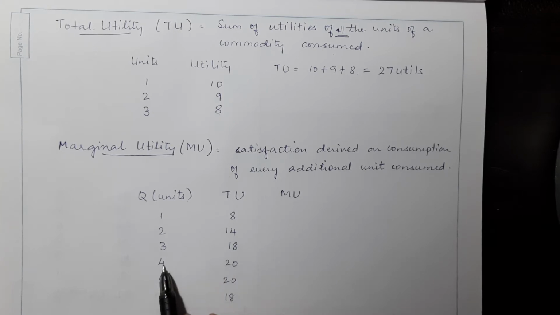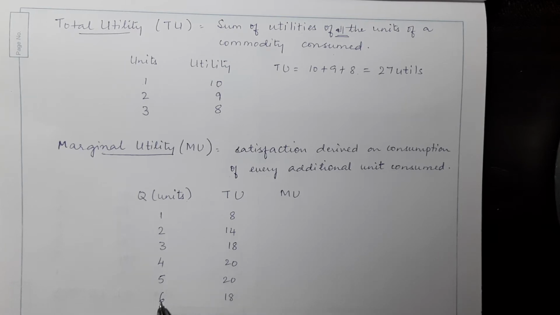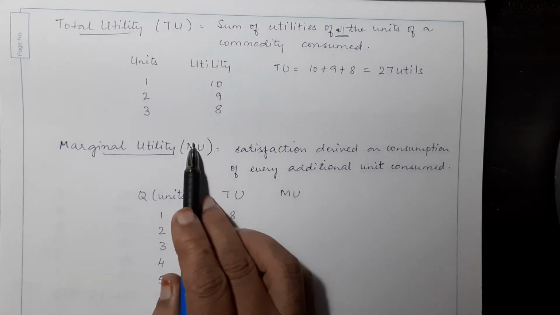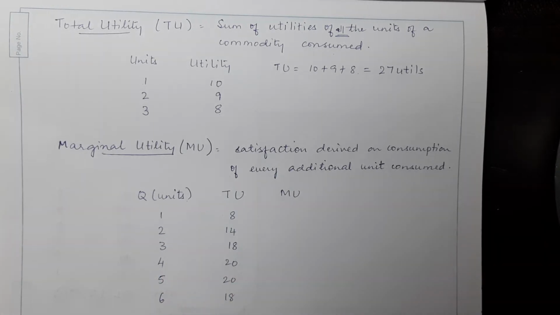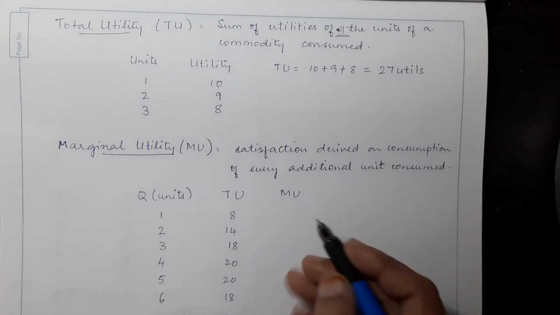On the fourth unit, he gets 20 utils. On consumption of the fifth unit, he again gains only 20 utils, whereas on the sixth, his utility drops to 18. Now here we are interested in marginal utility, which is the satisfaction on an additional unit.